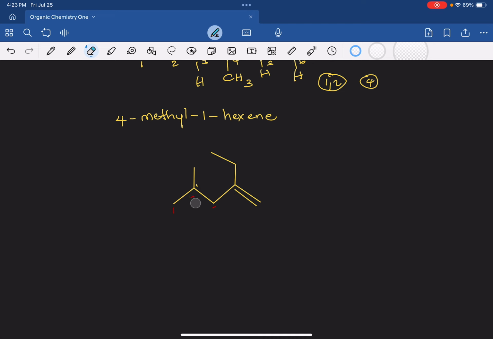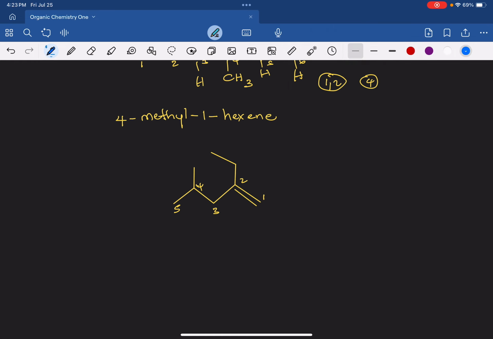Your longest chain of carbons must include the double bond. Okay? So let us find our longest chain of carbons that includes the double bond. It's here. 1, 2, 3, 4, 5. Right? And of course, my yellow numbers are correct.